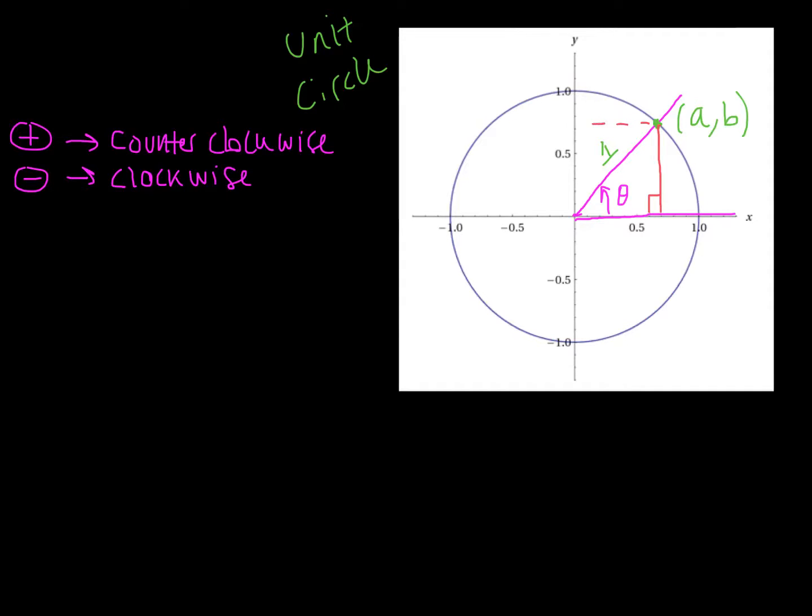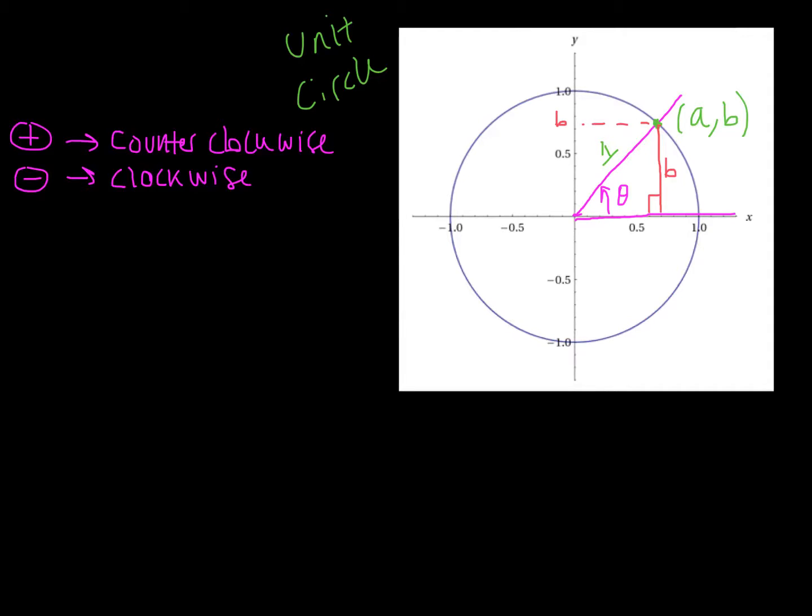What is that going to be? Well, think about it. That's just the y-coordinate of this point here, right? So the length of this side is simply b. Once again, I'm moving upwards to this point from 0 on the y-axis, up until I get to b, and that is the y-coordinate. So the side length here is exactly the length that will be equivalent to the y-coordinate of this point.